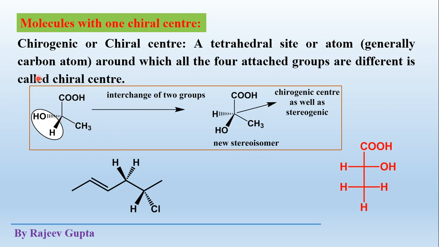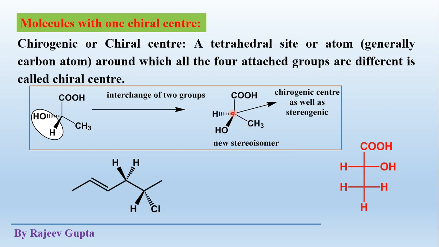This lactic acid molecule is shown here. It contains one chiral center where all the four groups are different, which are arranged in tetrahedron manner. When we interchange any two groups like this, then we get a new stereoisomer.